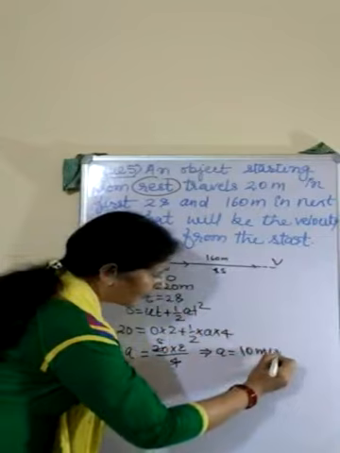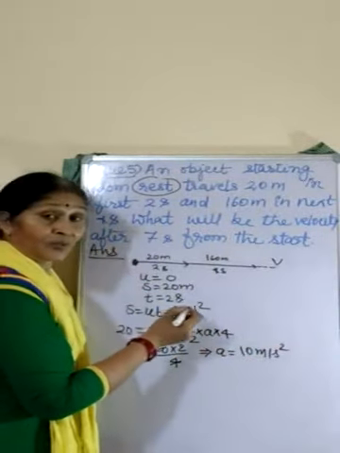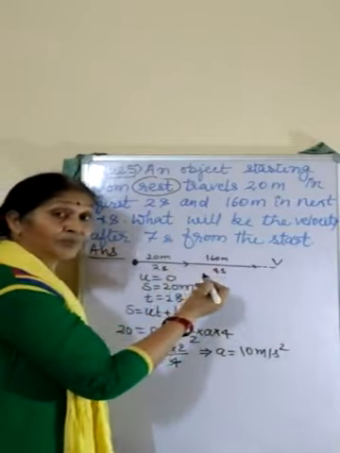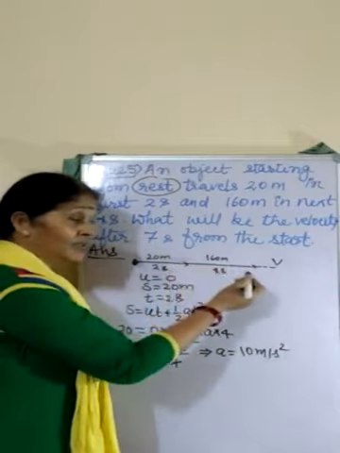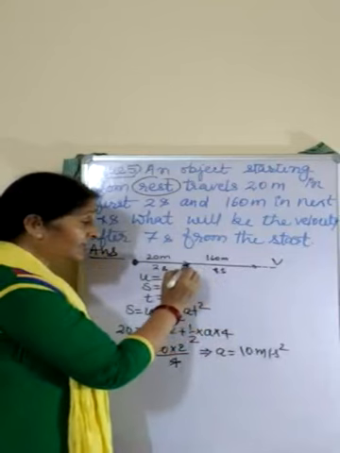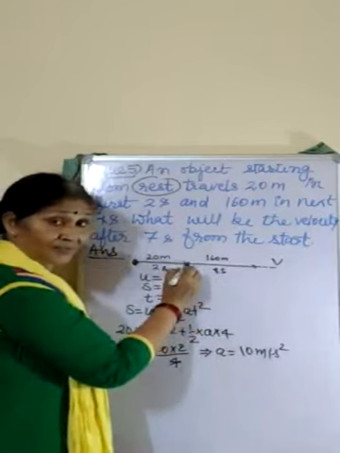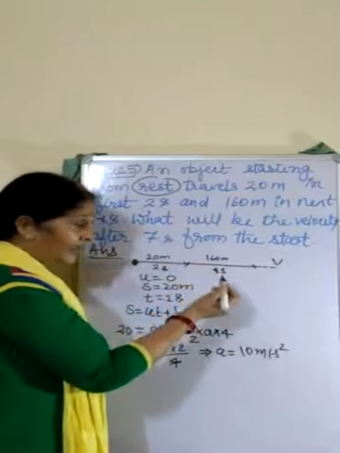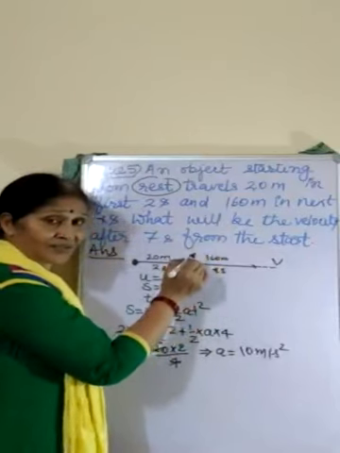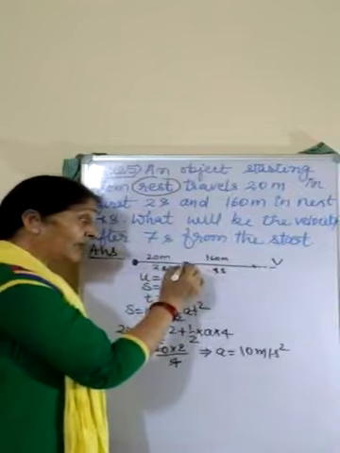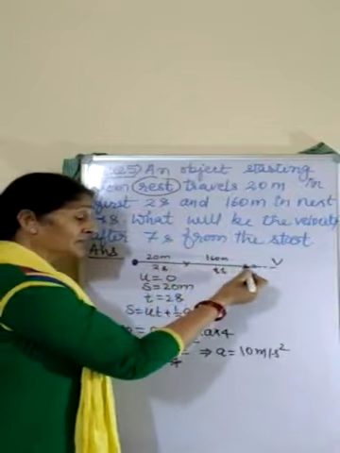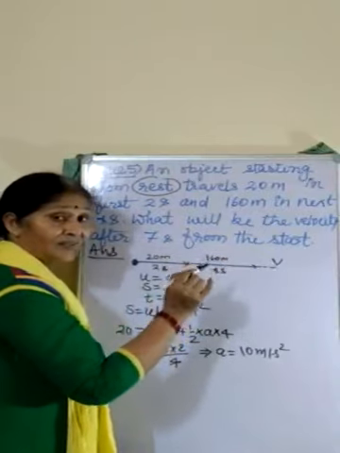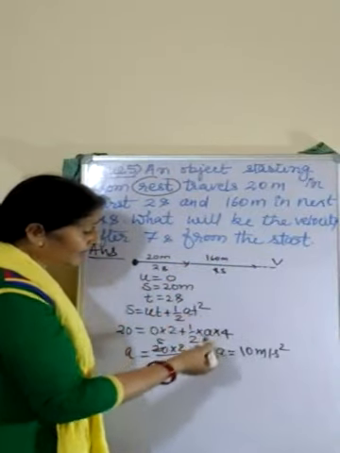Now let us see what is the acceleration during this period, during the 4 seconds. And for this we need initial velocity after 2 seconds. Final velocity we are not knowing, and time is given and distance travelled is given. So to find out acceleration during this period, we need initial velocity that we can find out from this information.